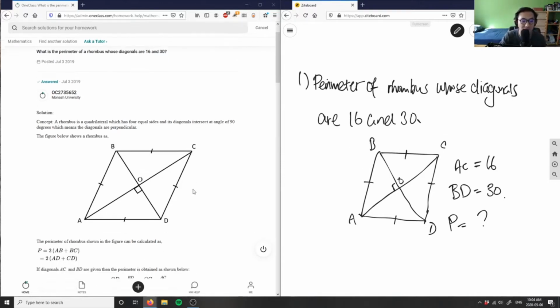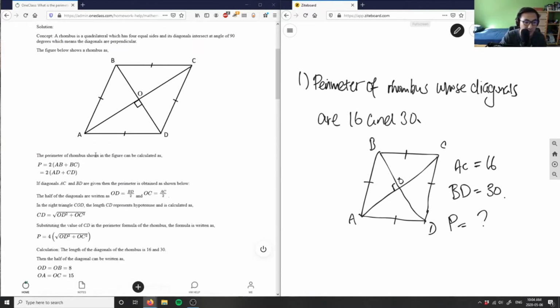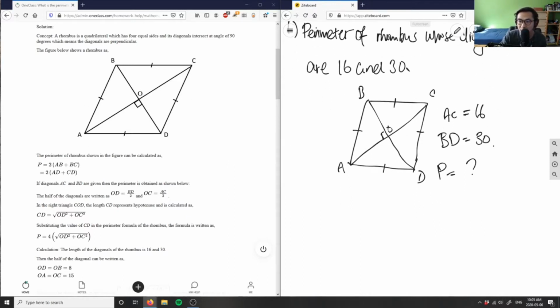In order to do that, they wrote the perimeter of a rhombus as A plus B plus C plus D. But because all the sides are equal, you can simply say it's 4 times the side. It's the same idea as the perimeter of a rectangle, which is 2 times length plus width.